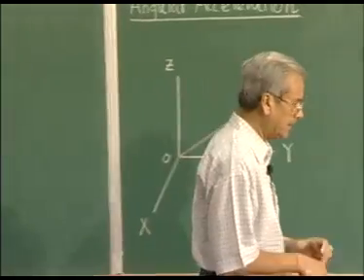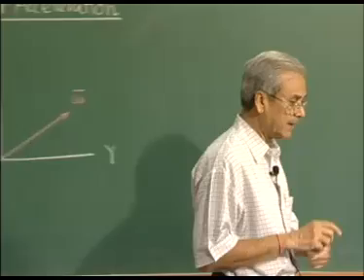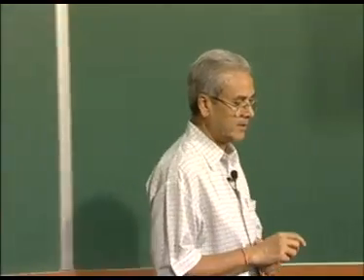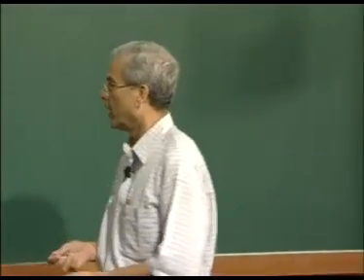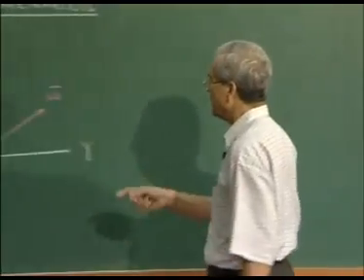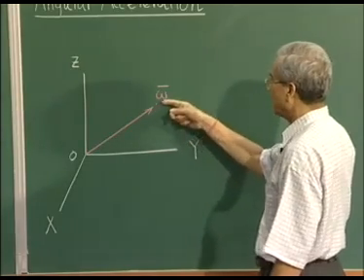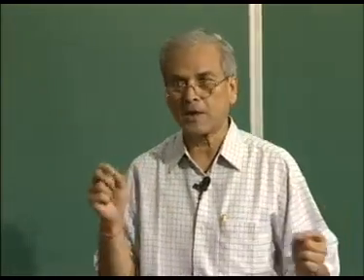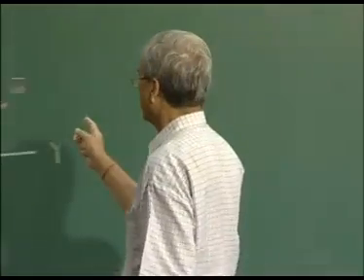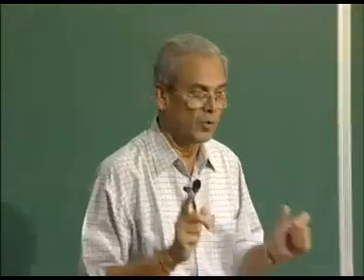Now, since the angular velocity is a vector, it can change either by a change in magnitude without changing direction, which means it remains the same in orientation and only its length increases, or it can remain constant in magnitude but the direction of this vector will change, or in general both happening simultaneously.